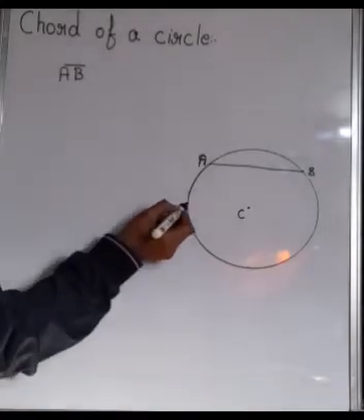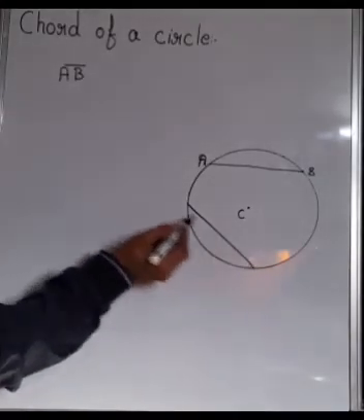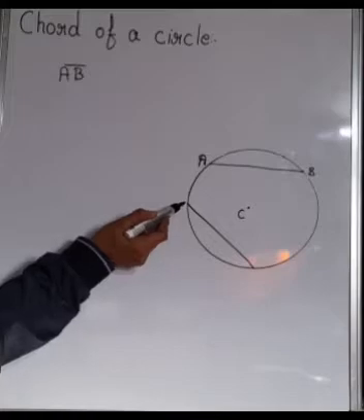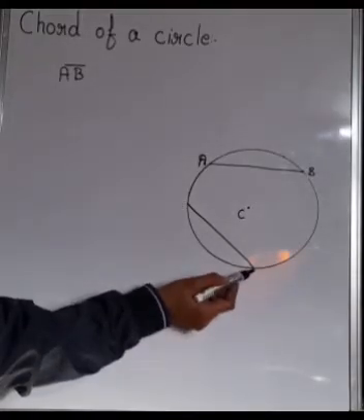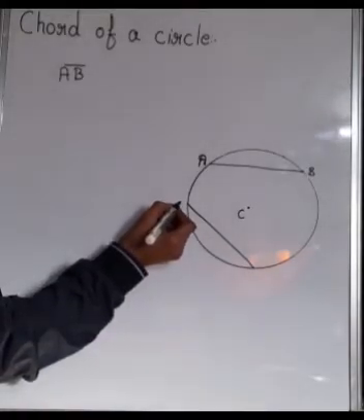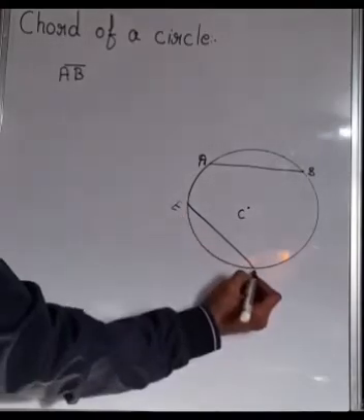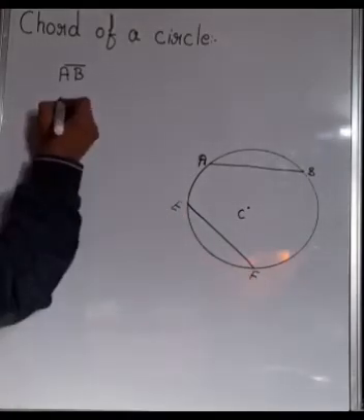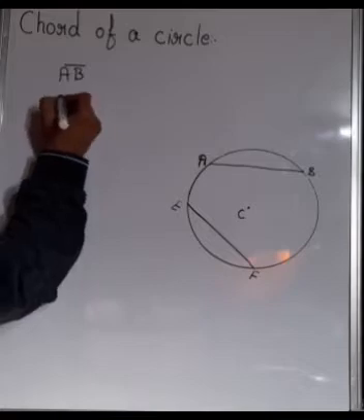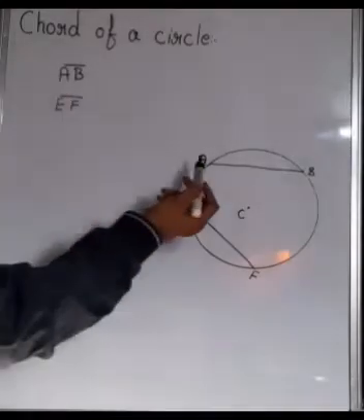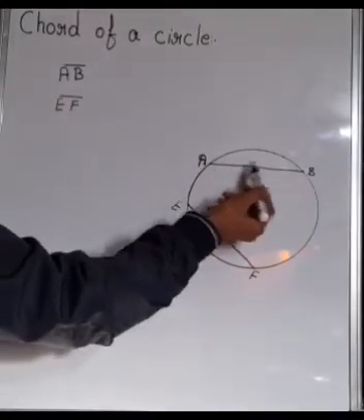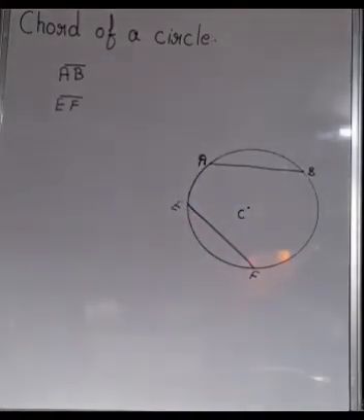Similarly, if you draw a line segment like this, you can see that it is joining the circle at 2 points, one in this one and another one at this one, and you consider them as E and F. So EF is your chord. So what is your chord? A line segment joining 2 points in a circle.